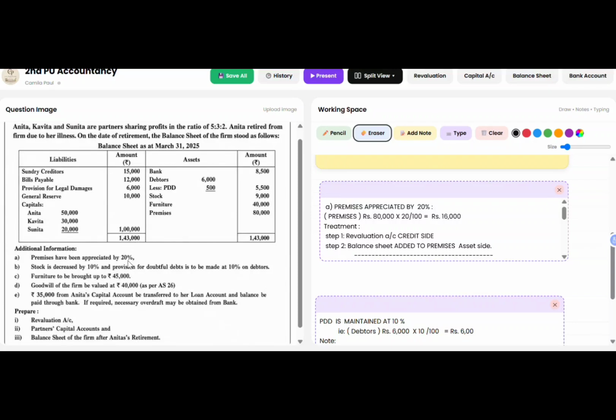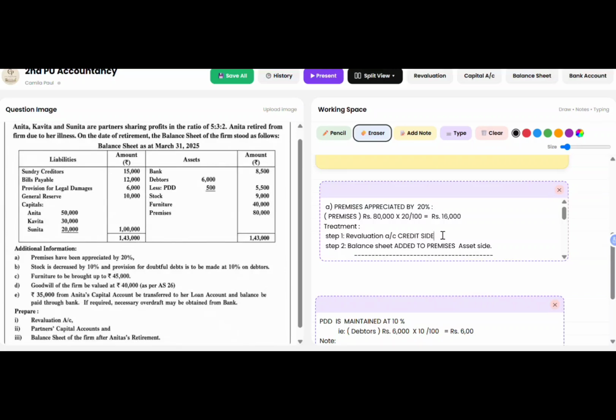As per the adjustments given here, the first adjustment says that premises have been appreciated by 20%. So the asset is being appreciated. The premises given in the balance sheet is 80,000 into 20 by 100, that is 16,000 rupees.